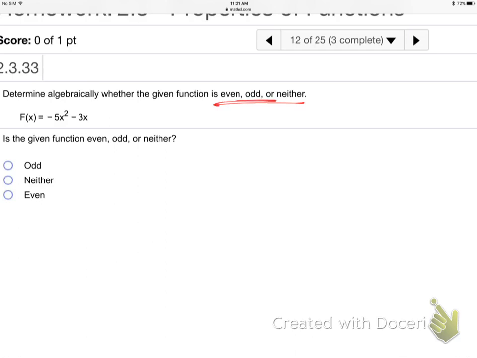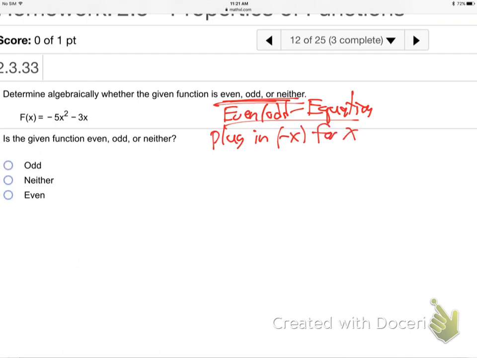So the even, odd test for an equation, or a function, when there's no picture, basically, what do you do? First, plug in negative x for x and simplify.